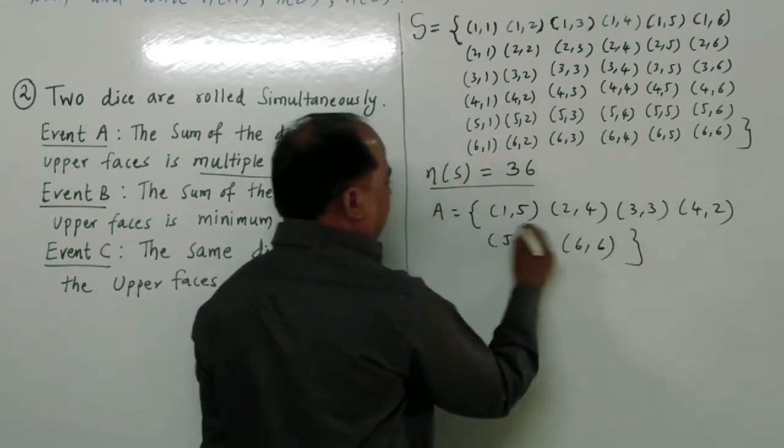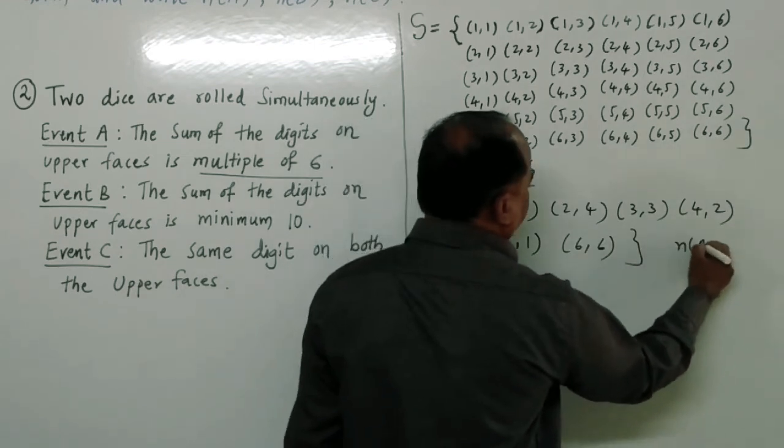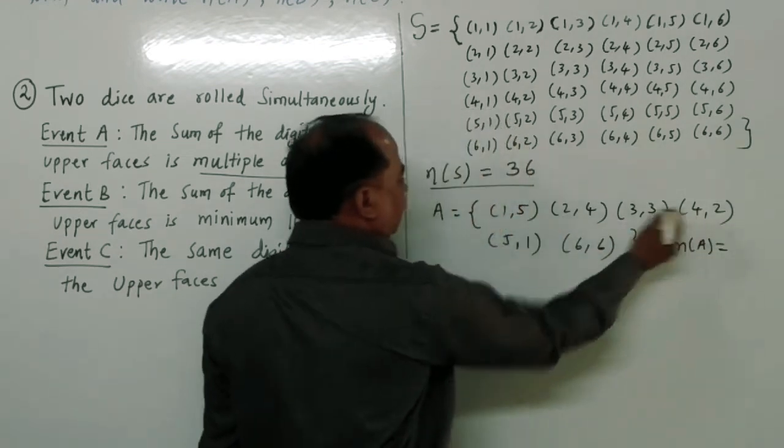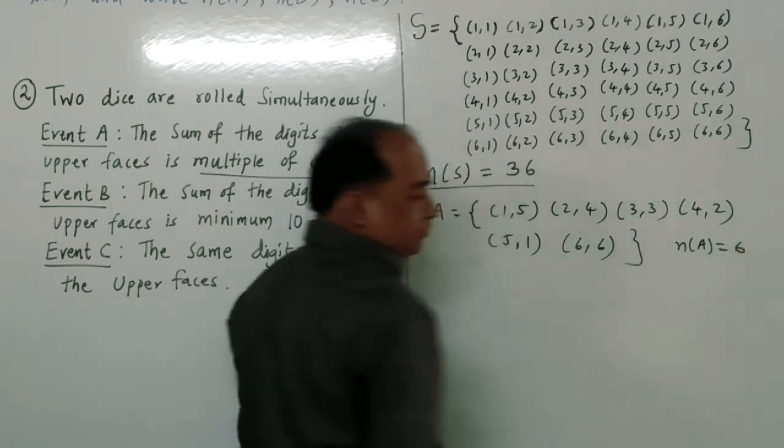So in all the number of elements n(A) is equal to 6.